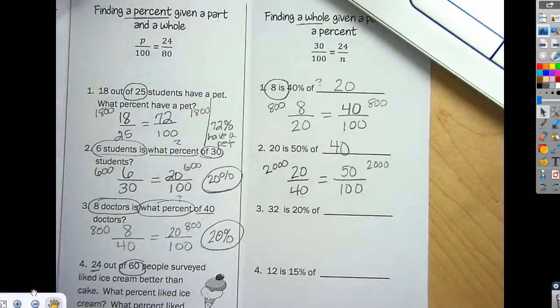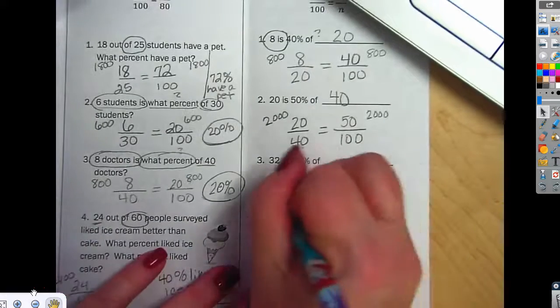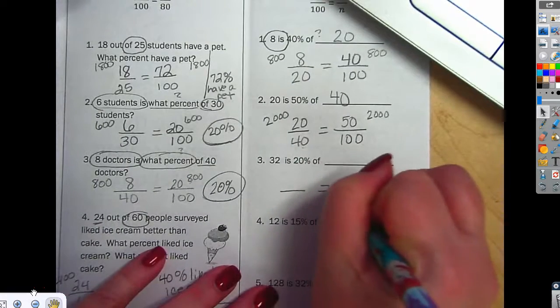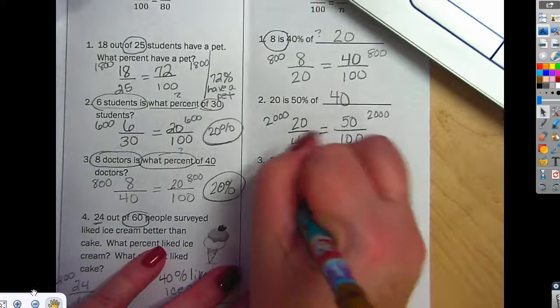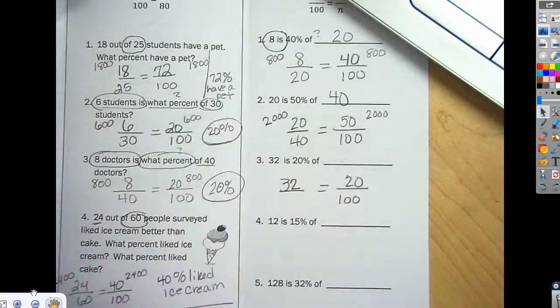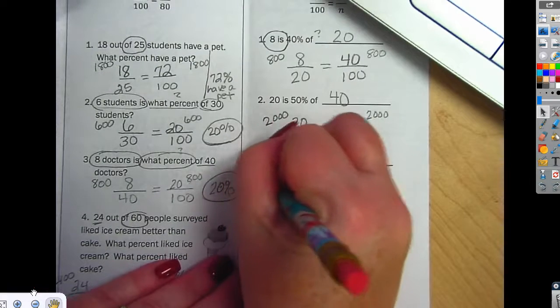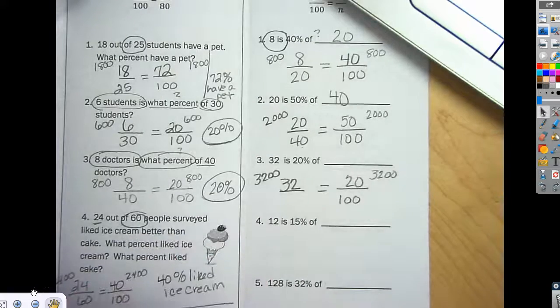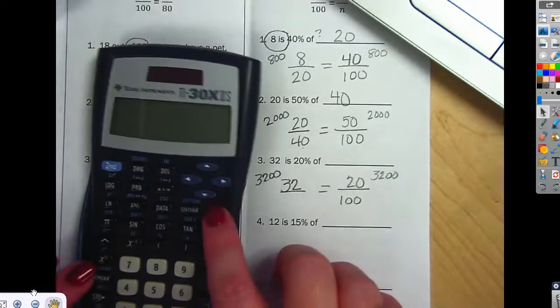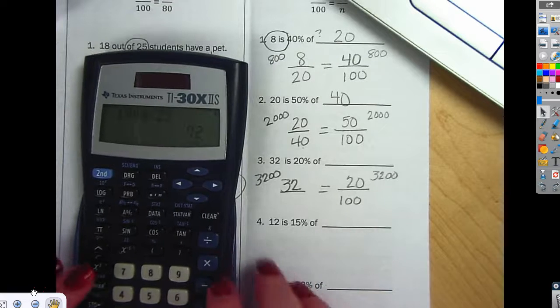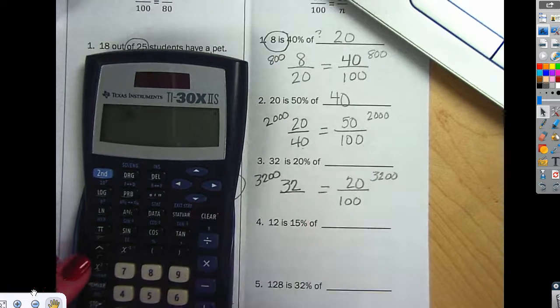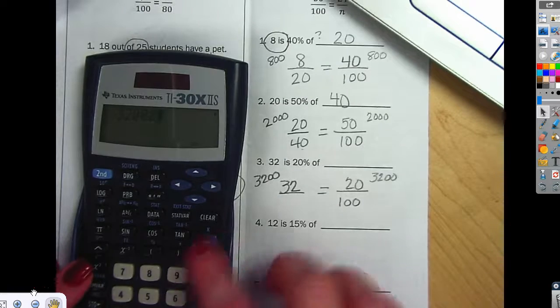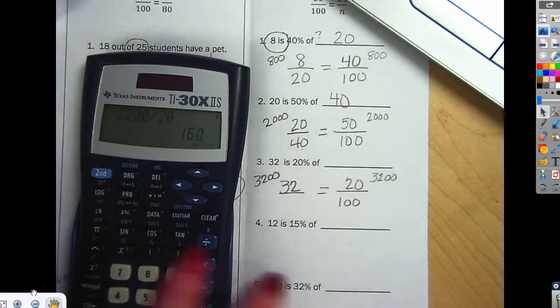All right, 32 is 20% of. Cross multiply. 3,200. 3,200 divided by 20. That does make sense. 3,200 divided by 20 is 160.